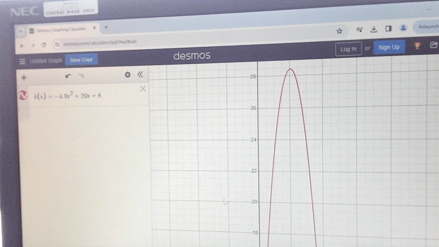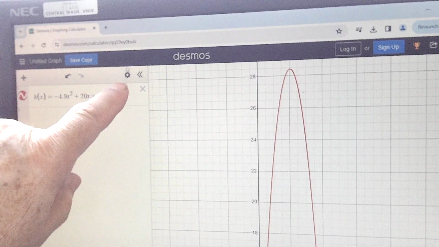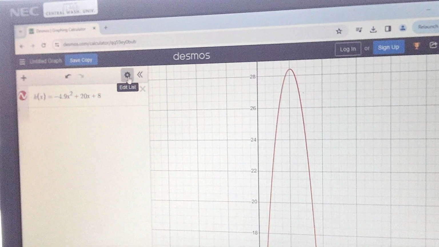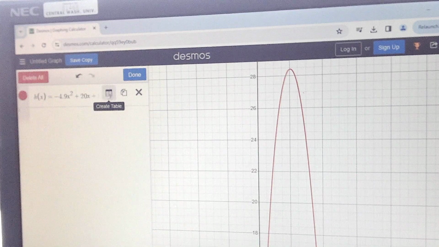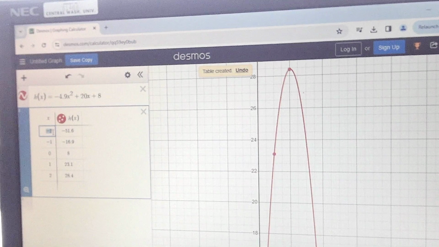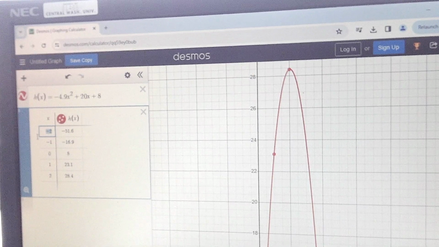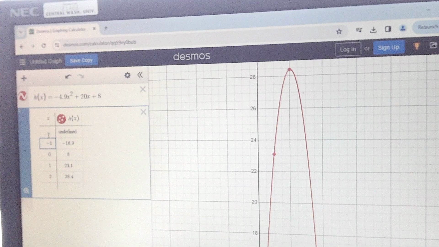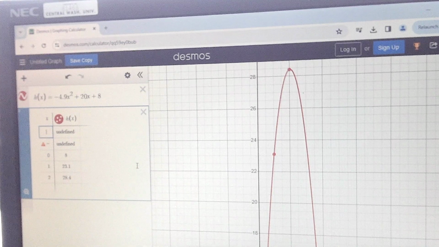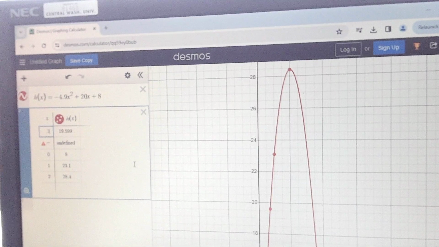And if I click on the gear here, I can ask it to make this a table. And in this table, I can get rid of these numbers that are in there and put in my own numbers, like I wanted to know what it was at 0.7.